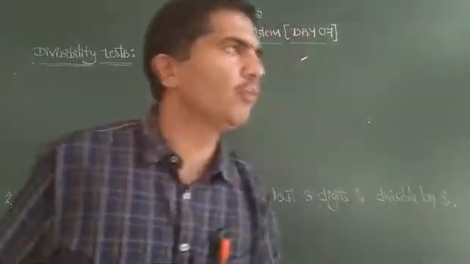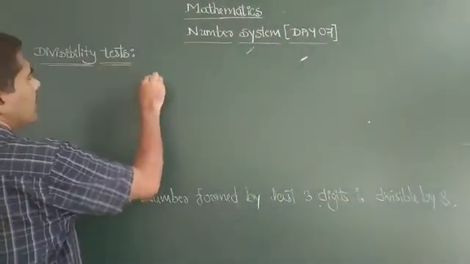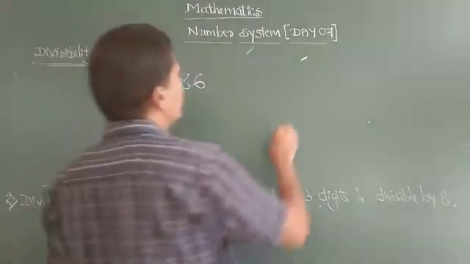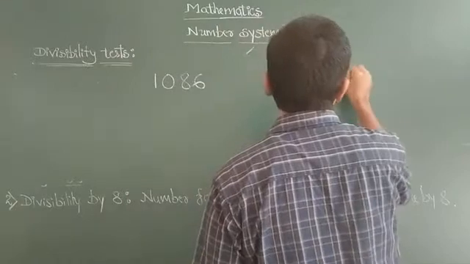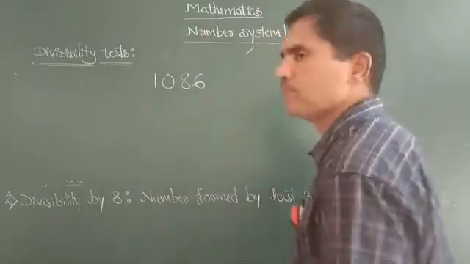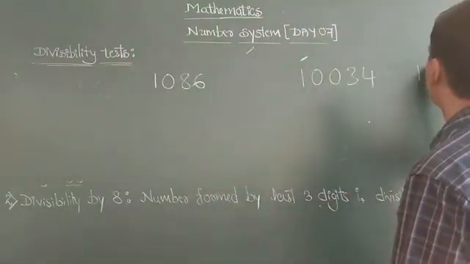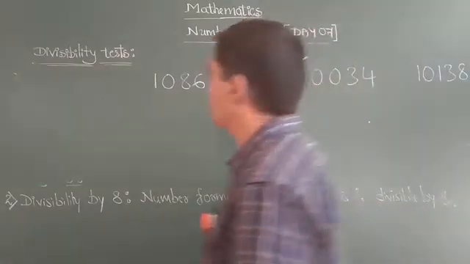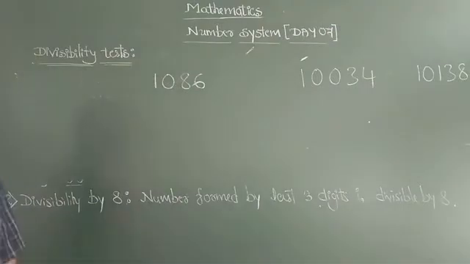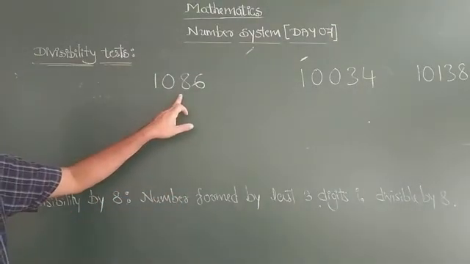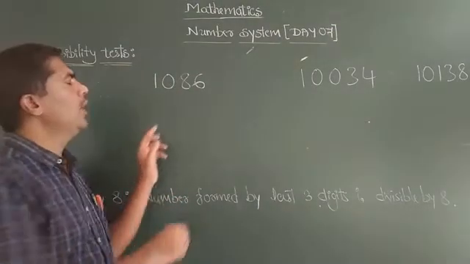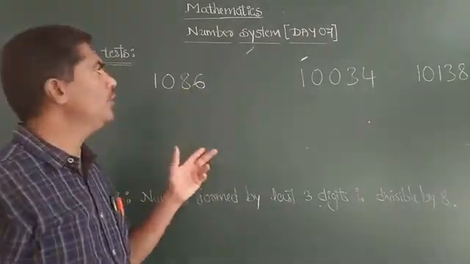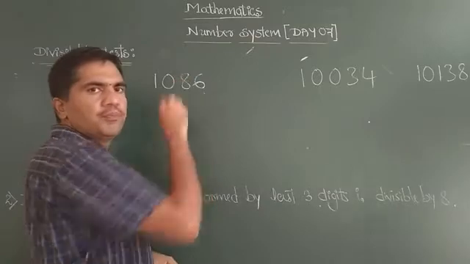I am repeating once more. I have a number 1086. One more number, 10034. And 10138. Now when I cross check, the first thing is 1086. 1086 may or may not be divisible by 8, because the first thing is that it must be divisible by 2.